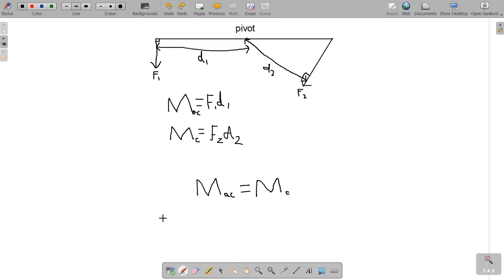Basically, I'll use the sigma sign. Sigma basically means summation. So the summation of all the anti-clockwise moments, the forces in their respective distances, is equal to the sum of all the clockwise forces and their distances.